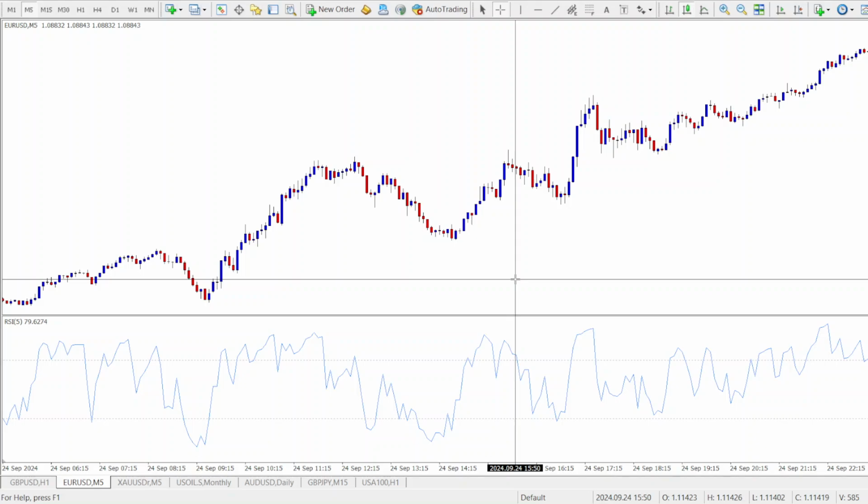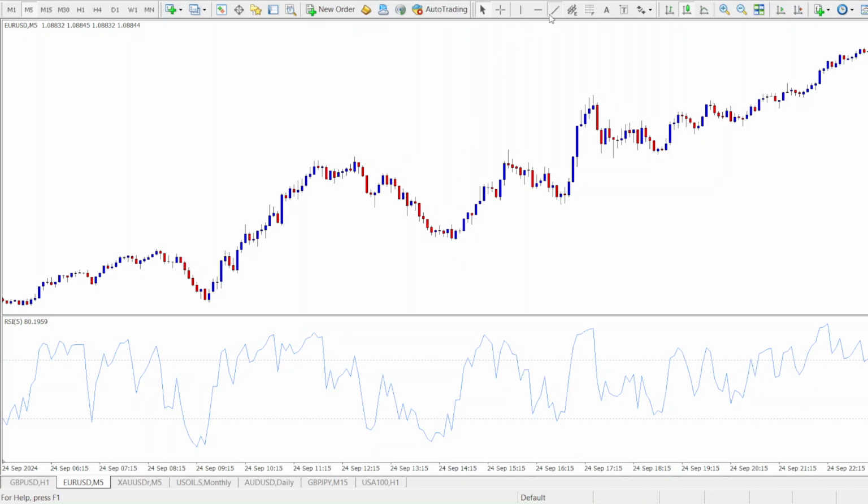Now, one of the limitations of the smaller periods with RSI is that it is more prone to false signals. That is the reason why it's good that you combine the RSI signals with other indicators and with price action.